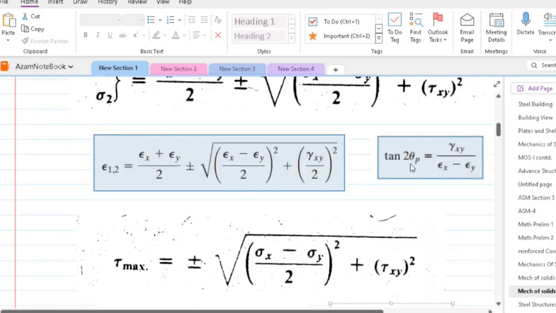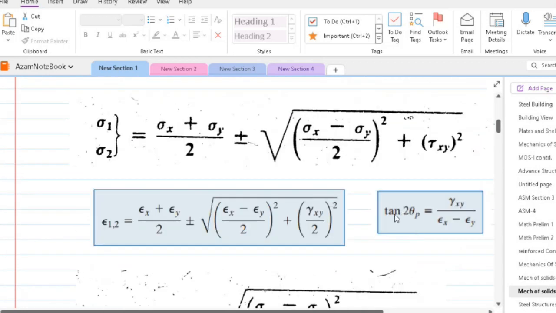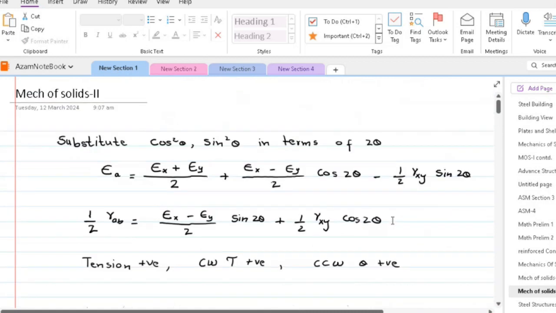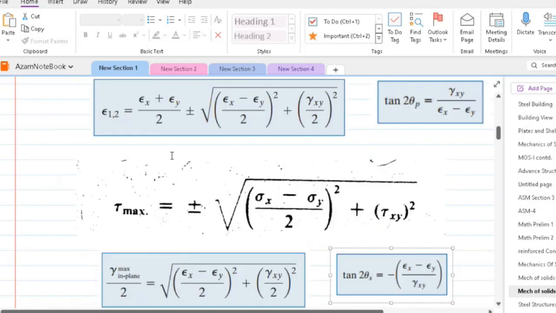After getting the principal directions, we can then plug back these expressions in the strain equations. And from there, we will get our principal strains.